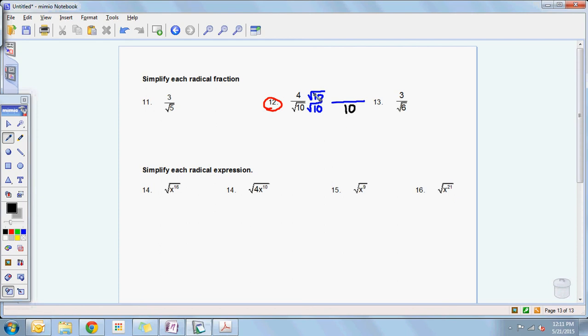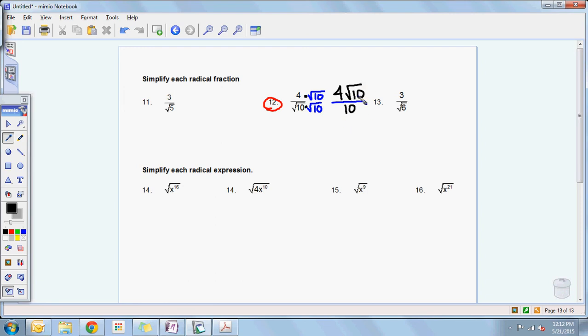Now we look at the top, we have an outside number multiplied by a radical. Remember, this is all multiplication. So I can't multiply an outside and an inside number, so I'm just going to keep it as 4 square root of 10. I'm just going to rewrite it together. Now, you always want to see if there's anything you can simplify.